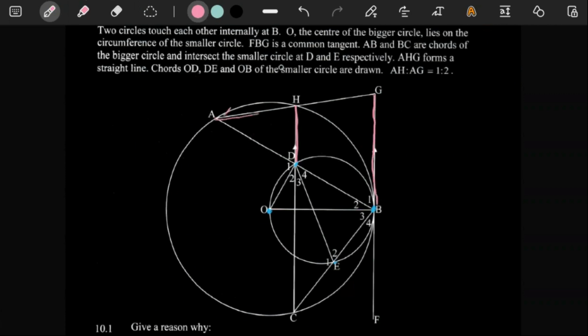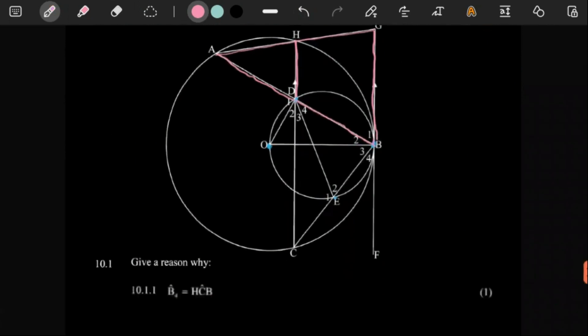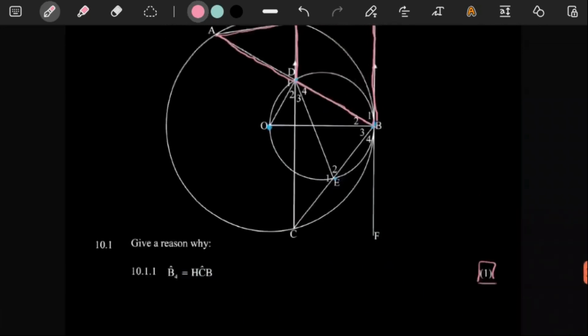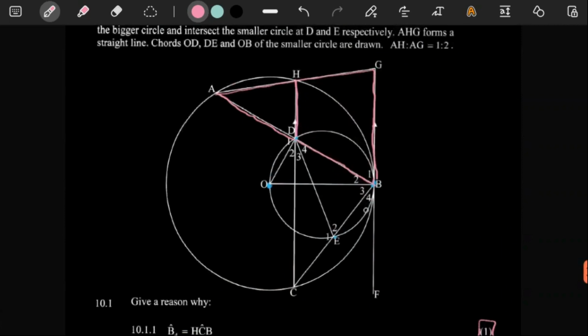Already with this triangle, we can see we're going to be doing some proportionality theorem here. For 1 mark, they say give a reason why B4 is equal to HCB. Where is B4? B4 is here.